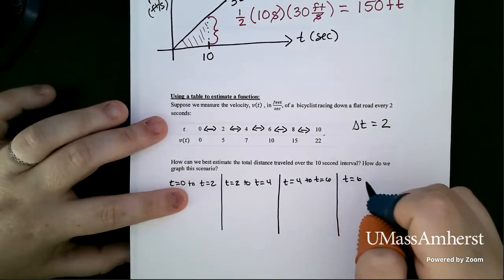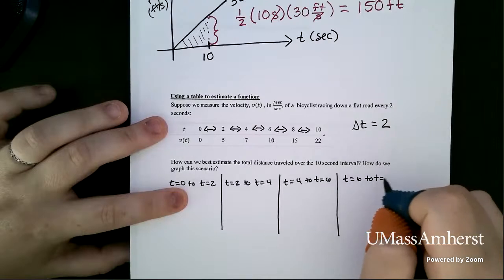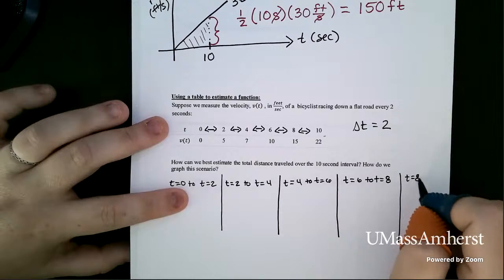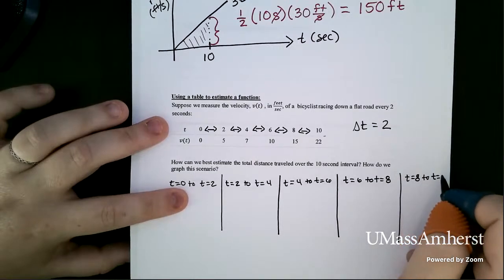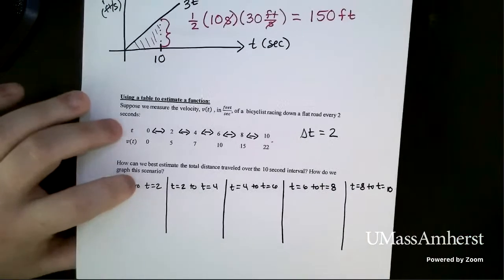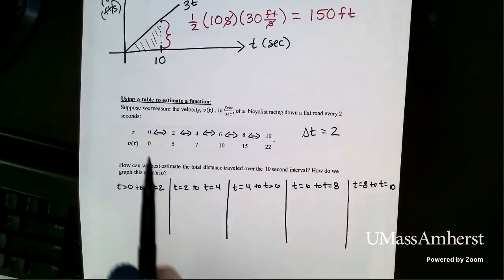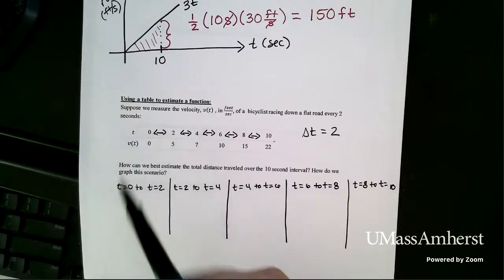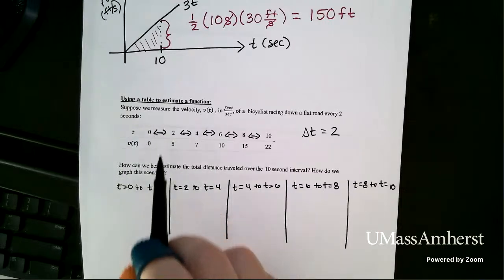Time equals 6 to time equals 8. And then finally, time equals 8 to time equals 10, okay? So I'm breaking it up into these intervals because that's how this is presented in the table, right? Every 2 seconds. So I'm going to look at each of these intervals.